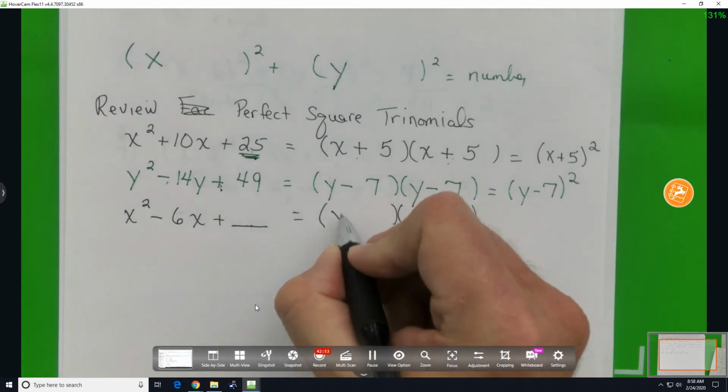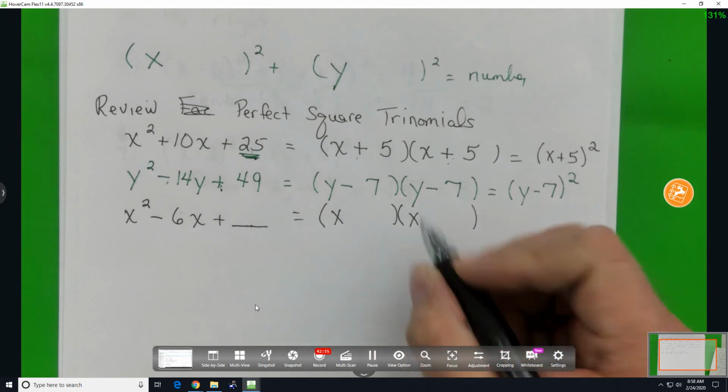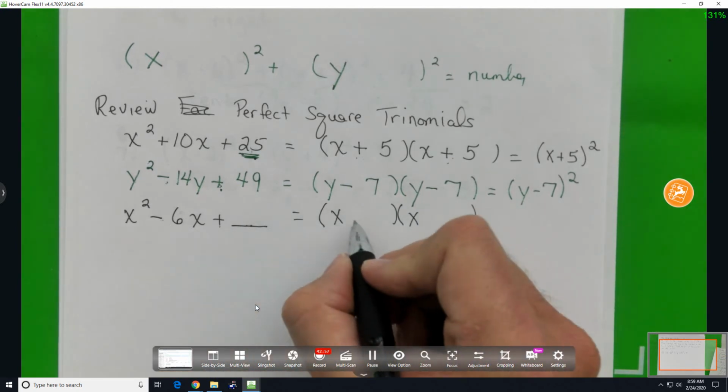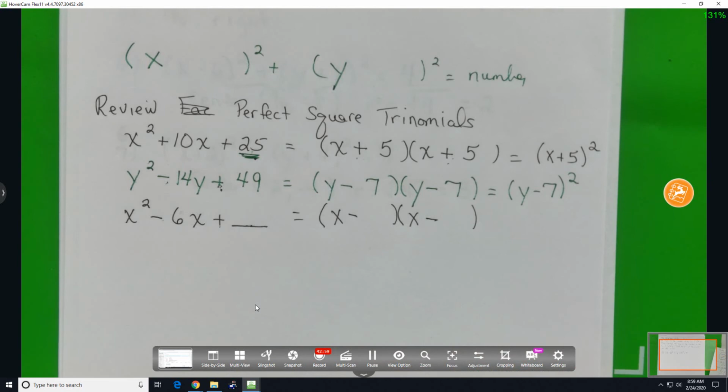Let's see, I'd put an x and an x. Second sign is plus, so 2 of the first. What number can we square to get a 9 and double to get a 6? Oops, I've already said it. I'm sorry.